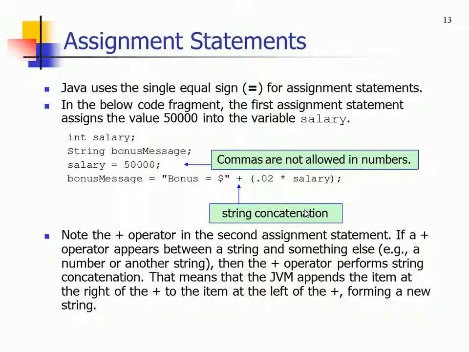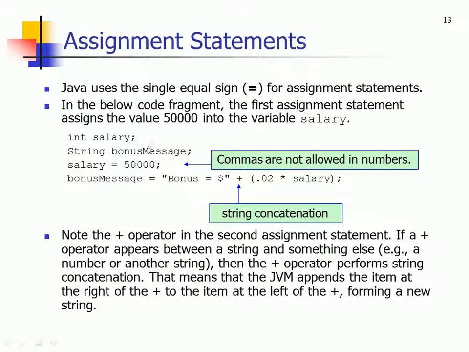Assignment statements. Java uses a single equal sign to assign variables. Here's code that assigns the value of 50,000 to the variable salary. It's not a bad salary. So what we did here, let's talk about this. First thing we did was we declared a variable of type integer. It's going to be called salary. Now I declared a variable called bonusMessage.